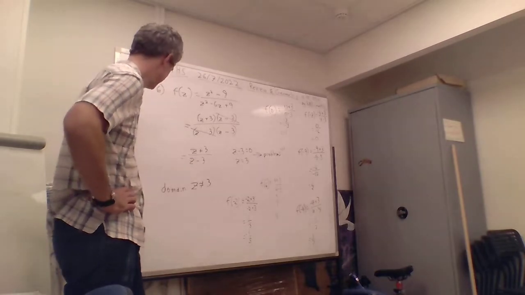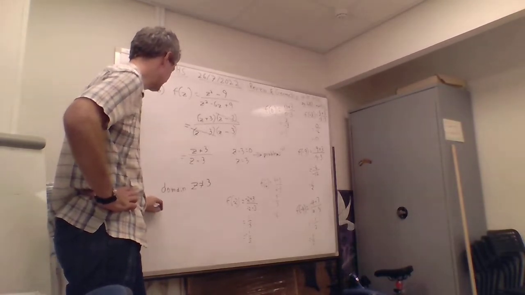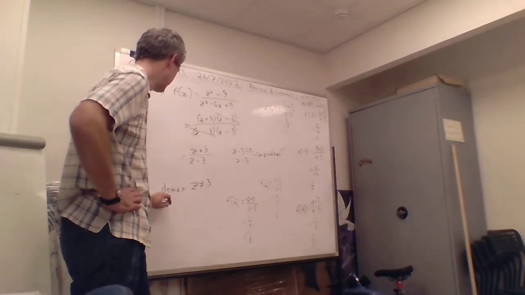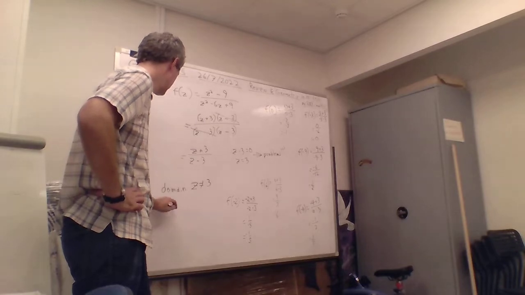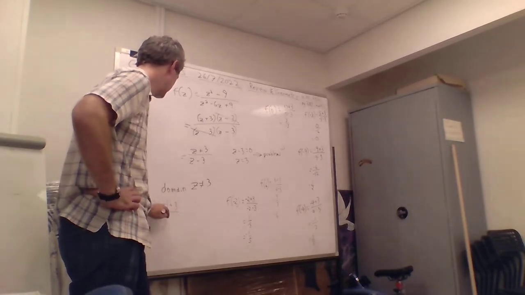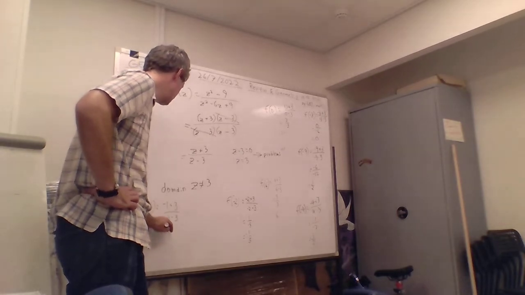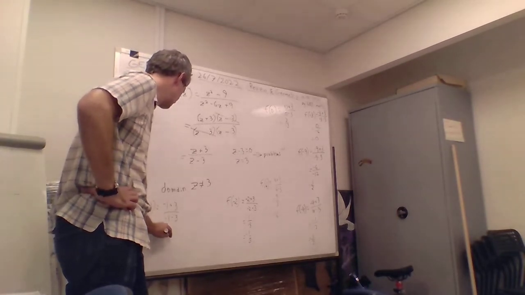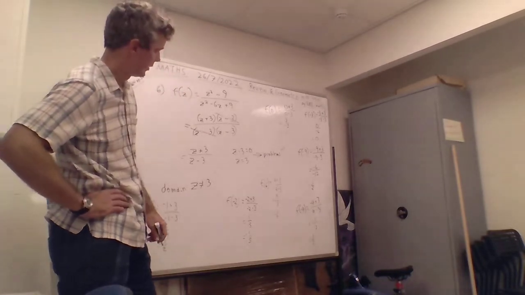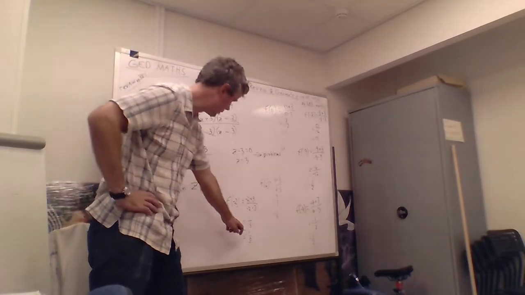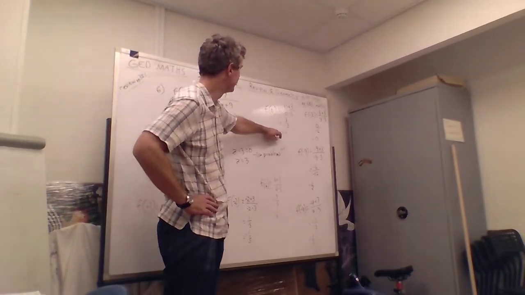I'm just seeing how this works, getting a sense of it. Minus 1 plus 3 over minus 1 minus 3 equals 2 over minus 4, which equals negative 1 over 2. So that's more negative than this one. And we said 0 was minus 1, right?